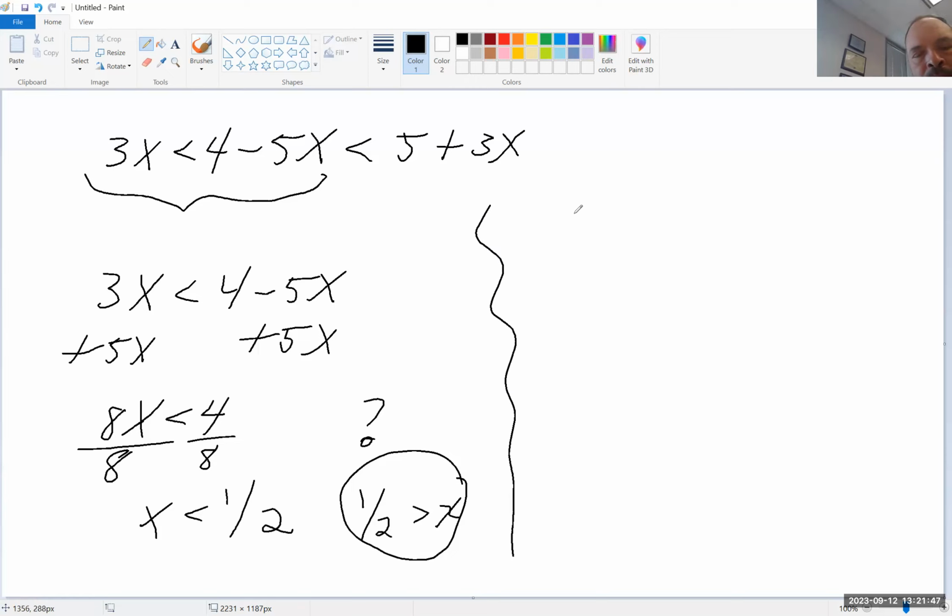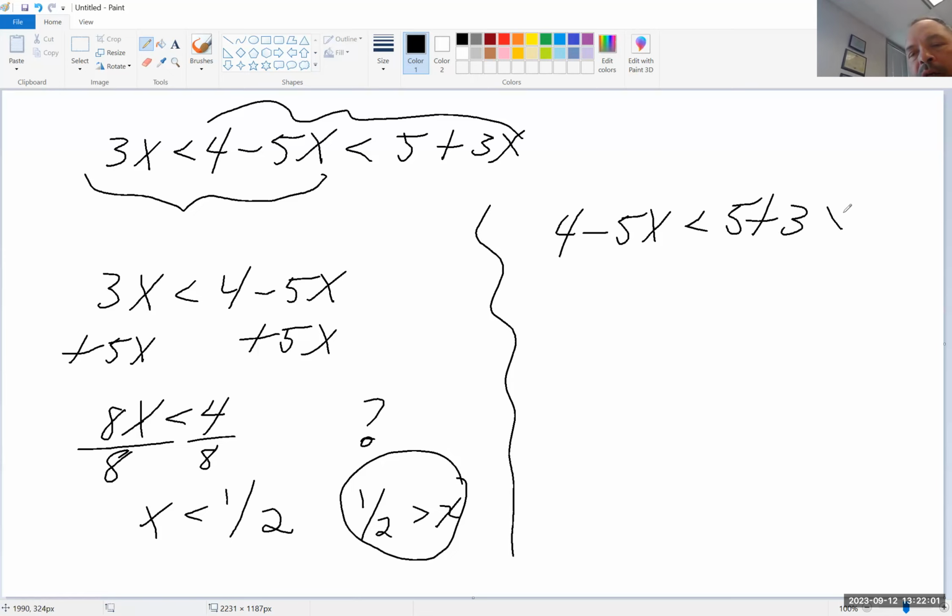And the other thing to look at is this piece. So in other words, 4 minus 5x is less than 5 plus 3x. So again, we're going to solve for x. So I am going to subtract 3x, just because we're used to having the x on the left.